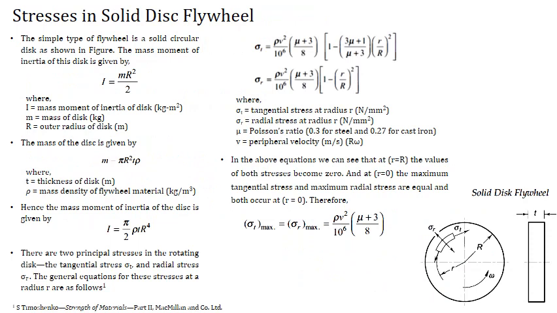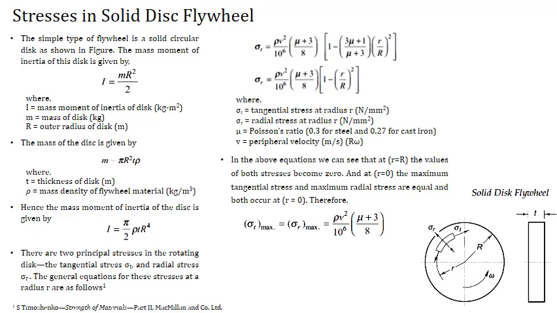Now it becomes very important to find the stresses in the flywheel. So let us consider first the solid disc flywheel. For a solid disc flywheel, the moment of inertia I for a disc having mass m and radius r can be computed as I equals m r square by 2.